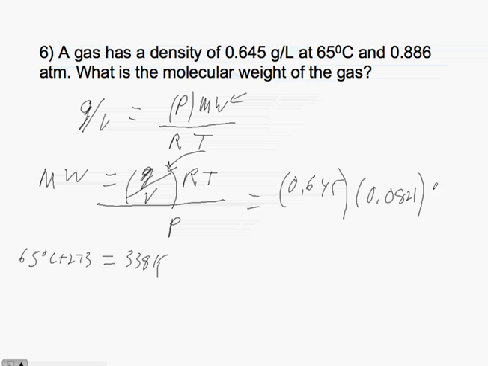So that number goes here, 338 Kelvin. And all of this is going to be divided by our pressure in atmospheres, which is 0.66. When we do our calculations, we will have 20.2, which will be the molecular weight of the substance that we're looking at. So 20.2.